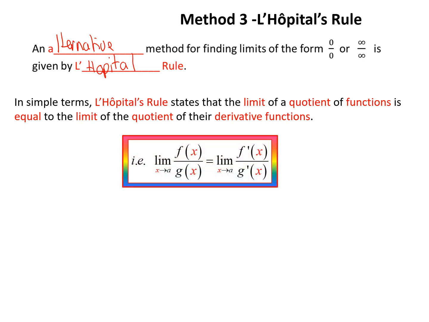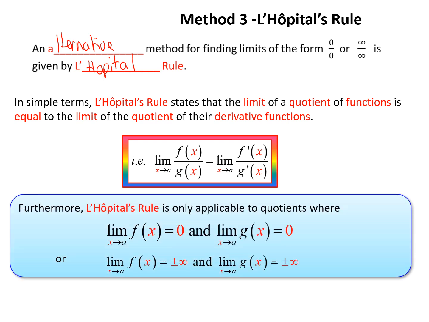Basically, L'Hopital says that the limit of a function f of x over g of x is the same as the limit of the ratio of derivatives, f dash of x over g dash of x. The limits are the same, but if and only if the limit of f of x is 0 and the limit of g of x is 0, or they're both tending towards either positive or negative infinity.